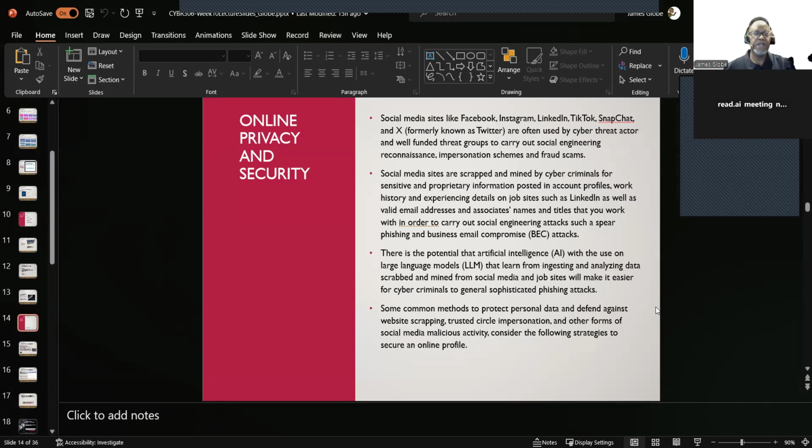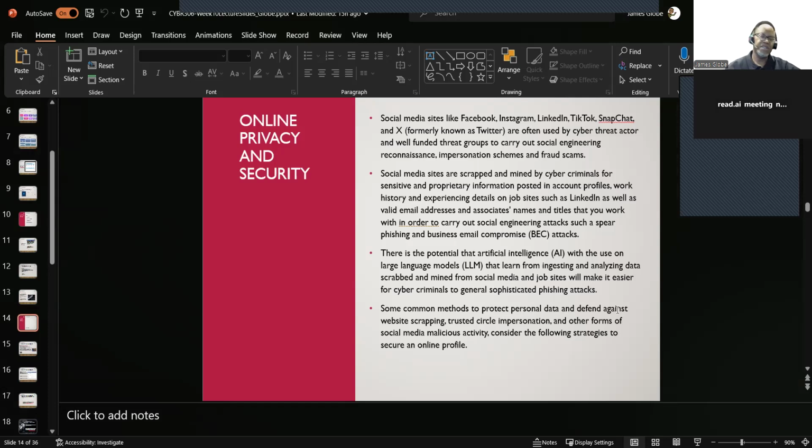Next topic is online privacy and security. So social media sites like Facebook and Instagram and TikTok and Snapchat are often used by cyber criminals and well-funded organizations to carry out social engineering, reconnaissance, impersonation schemes, and frauds and scams.